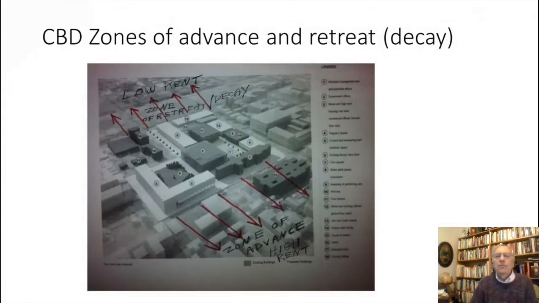I just wanted to say as well, there's a lot of interesting stuff that goes on within cities because they're always changing. Cities move, downtowns move, and indeed, geographers have talked about the central business district having zones of advance and retreat.